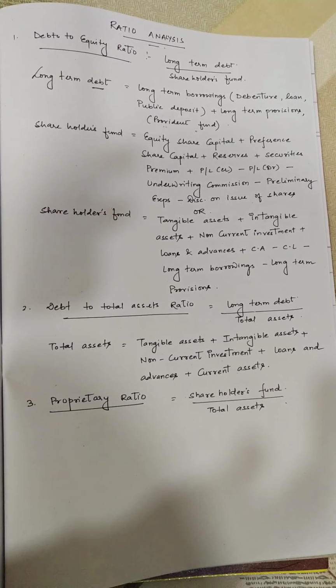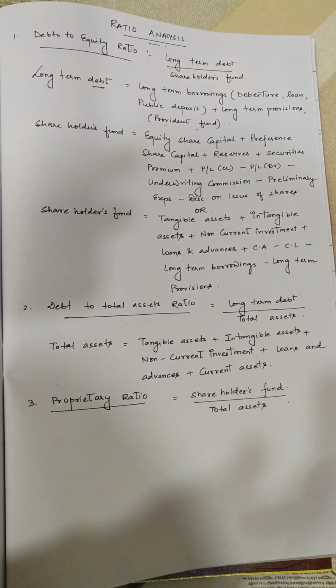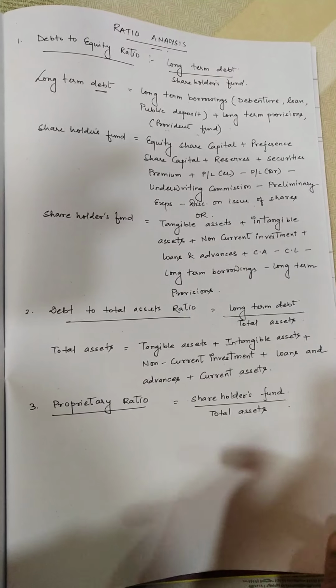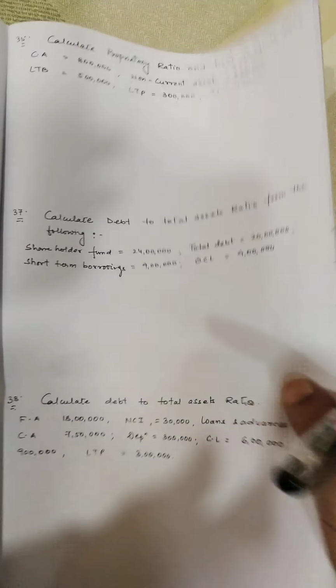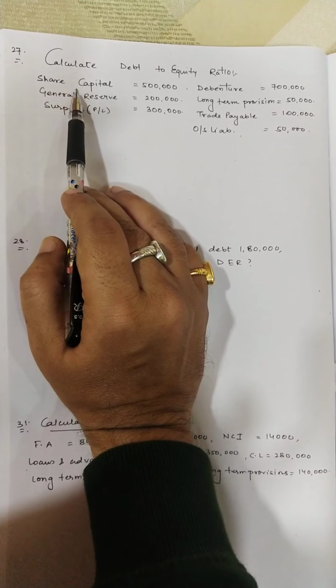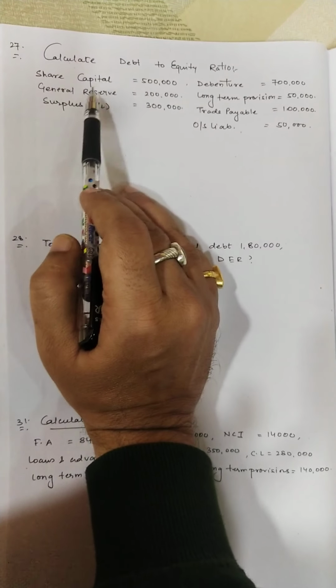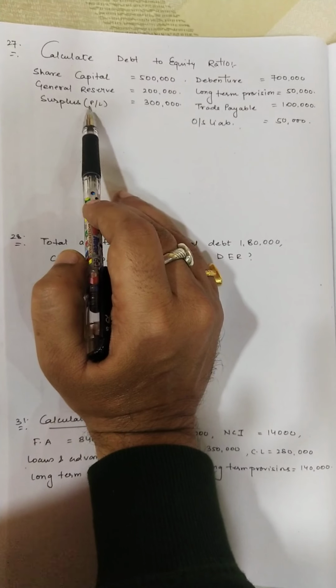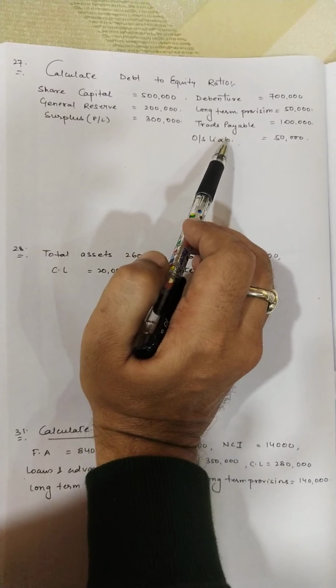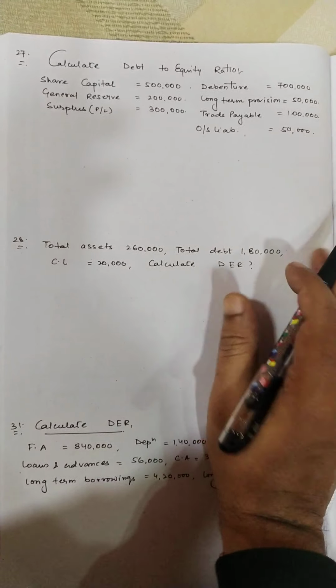So today we are going to start some questions on these three formulas, and the first sum is going to be question number 27 from your book, that is T.S. Grewal. The question is: calculate the debt to equity ratio. We have share capital of rupees 5 lakh, general reserve of 2 lakh, surplus of 3 lakh, debentures, long-term provisions, trade payable, outstanding liability.